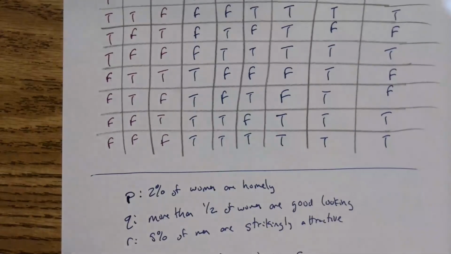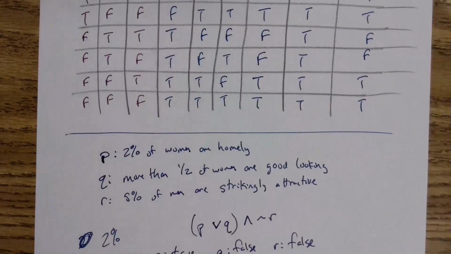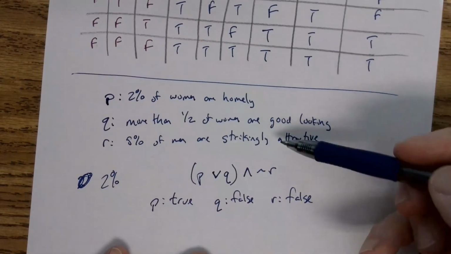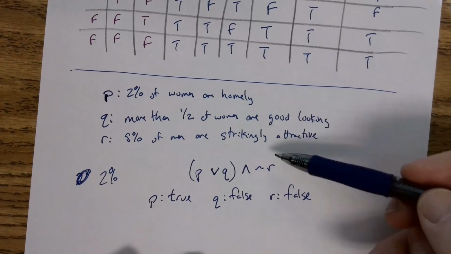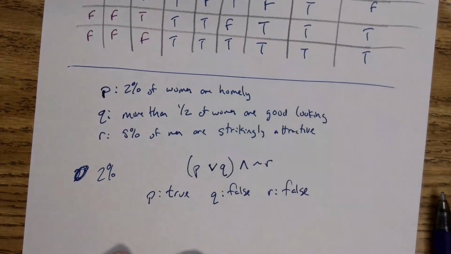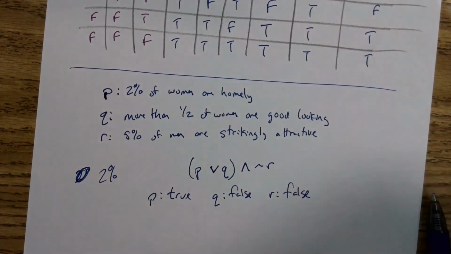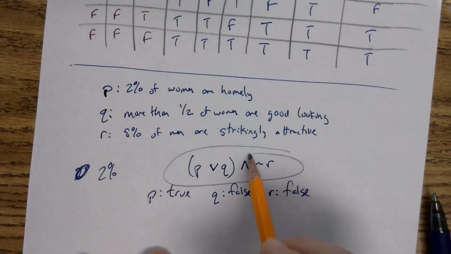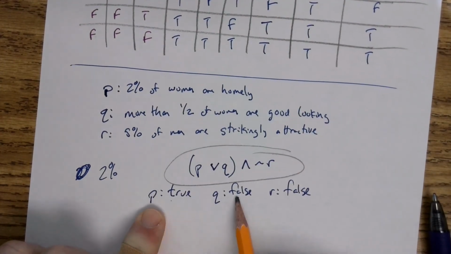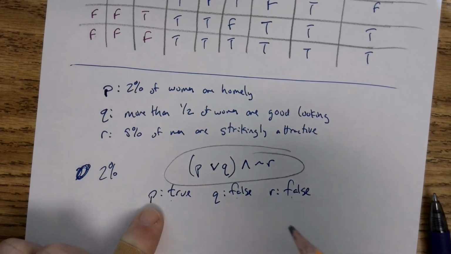These statements seem silly, but this part right here is much more important. If I tell you P is true, Q is false, R is false, is this statement true or false?